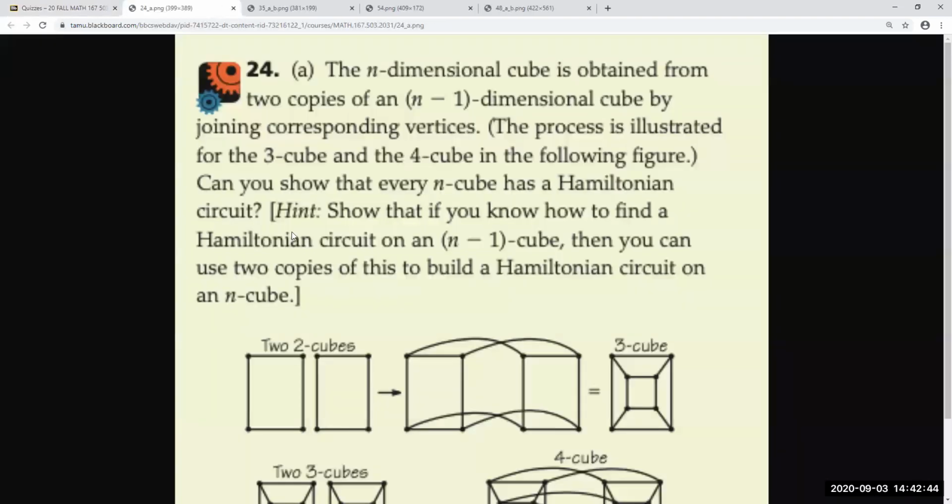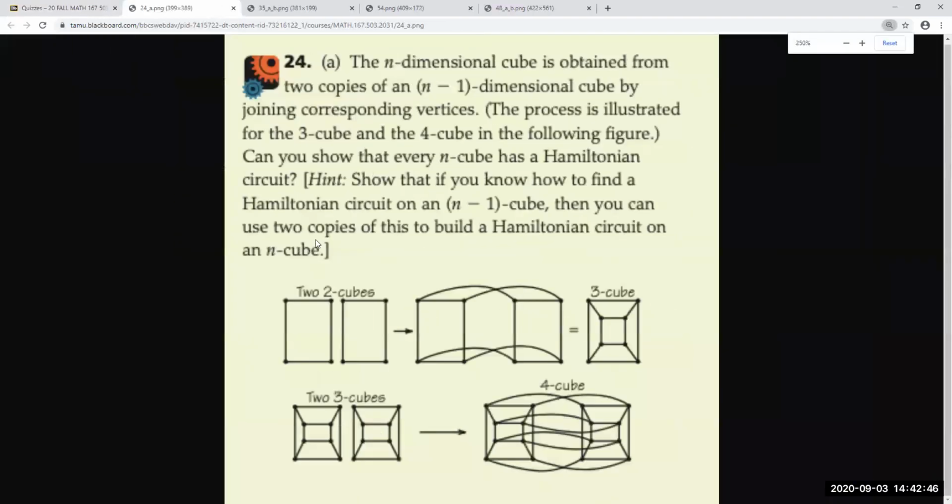And number 24, actually this one seems very difficult, but it is one of the easiest things you can solve if you know how to do it. This one asks you to show that every n-dimensional cube has a Hamiltonian circuit, right?